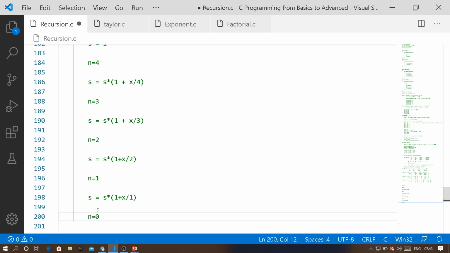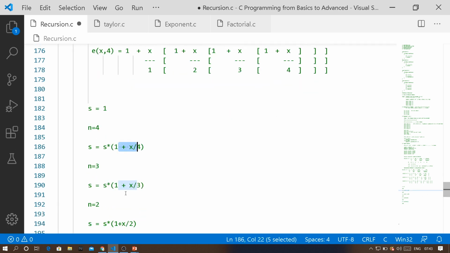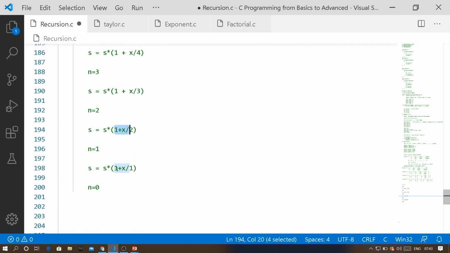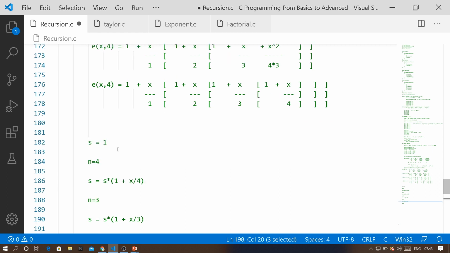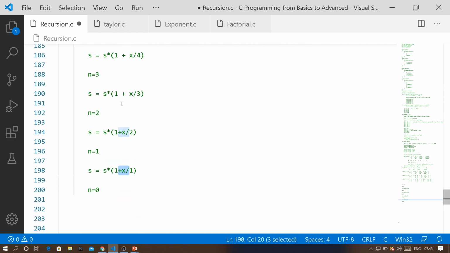When n is equal to 0, you can stop the process and return the present value of s, wherein you will get the same answer. So 1 plus x divided by 4, then 1 plus x divided by 3, then 1 plus x divided by 2, then 1 plus x divided by 1. So all these terms we are multiplying. How many times? 1, 2, 3, 4: 4 multiplications.